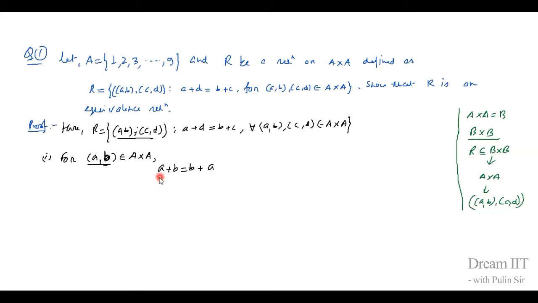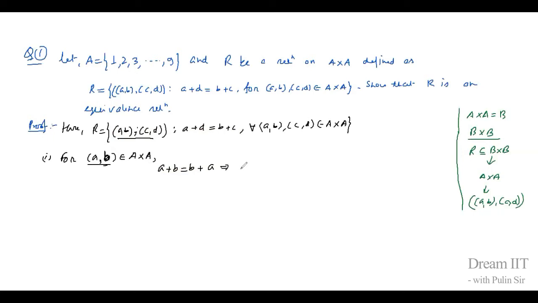Now compare: a is here, a is here, b is here. Had the ordered pair been like this, a and b go to which places? First and third. This will tell you (a, b) is in the relation, and then c and d: c is here and d is here. Can you compare that?